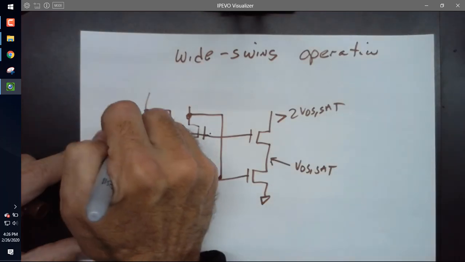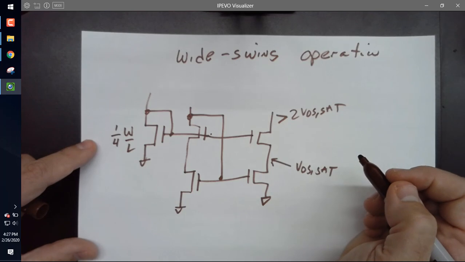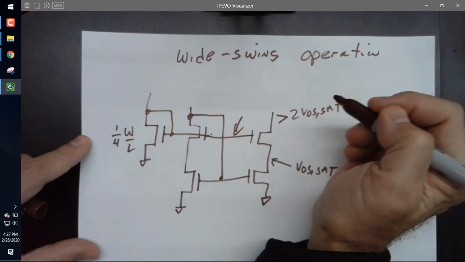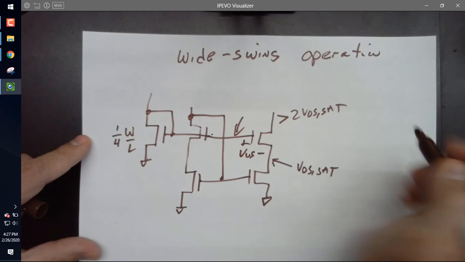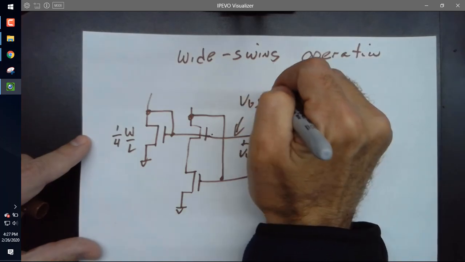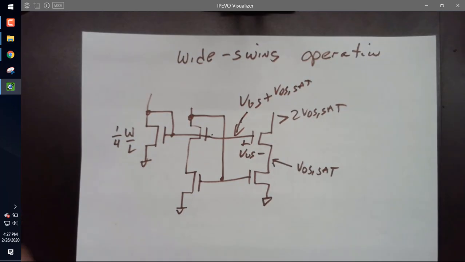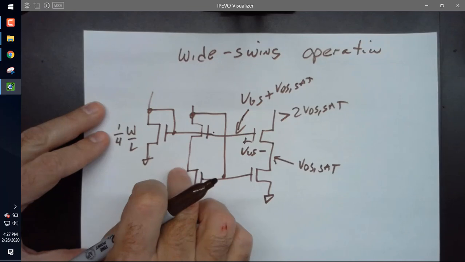So 1/4 W over L. Right? And then that would make this voltage, because what's this voltage? VGS plus VDS sat. Yay or nay, Anthony C? Okay, so I got a VGS there and a VDS sat there, and I size this to 1/4 to get that voltage.